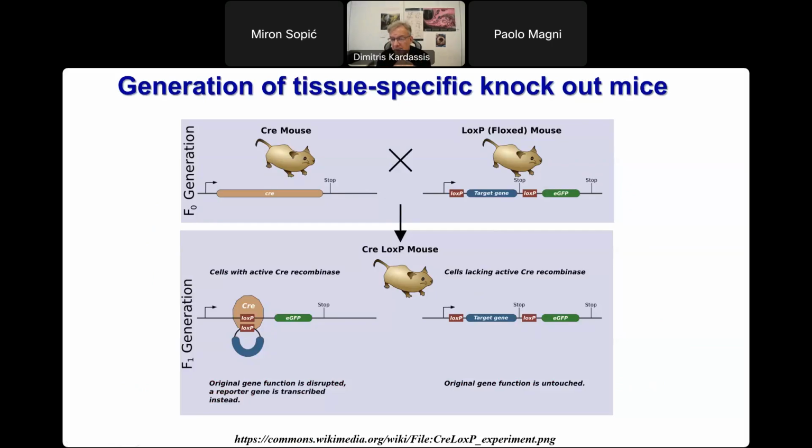We crossed these mice with floxed mice that contain HNF4 surrounded by loxP sites. So this crossing generated mice which are conditional knockout for HNF4. That is, the gene is not expressed only in the liver that expresses the Cre recombinase.